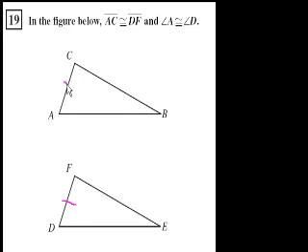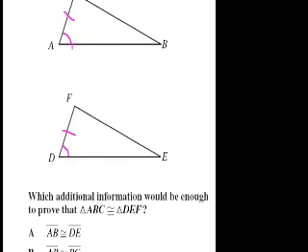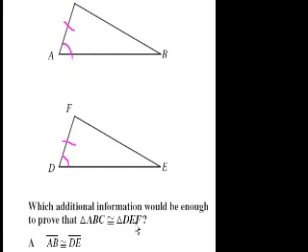AC and DF are congruent, and angle A is congruent to angle D. Fair enough. That's angle A, that's angle D. That's what they tell us. Which additional information would be enough to prove that triangle ABC is congruent to DEF?